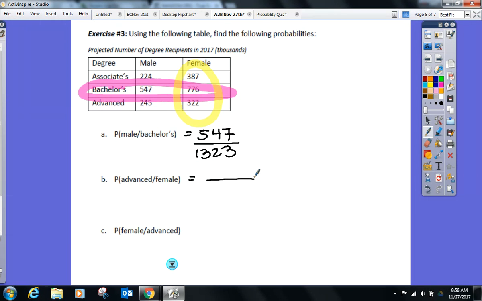What was your first number? 322. Yep. Out of 14? Yep. Again, that's females, because you're already given you're female. And that is advanced in female.